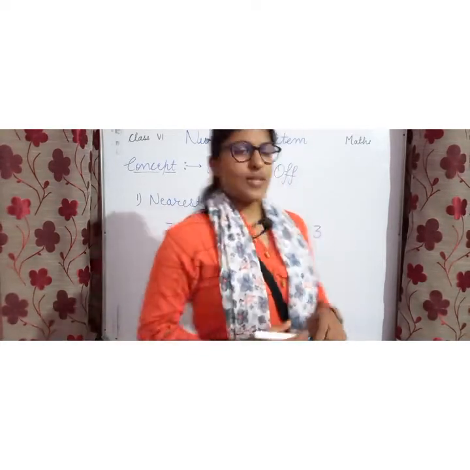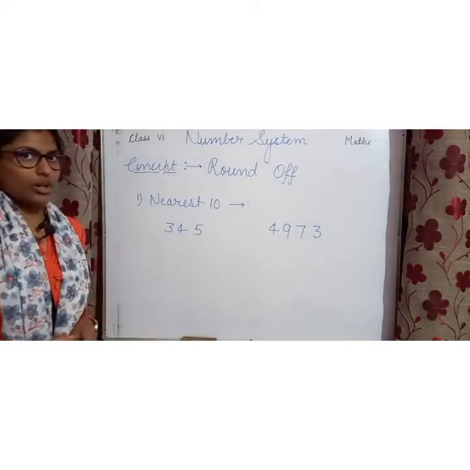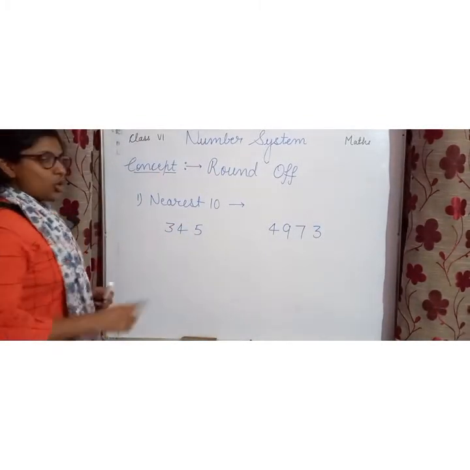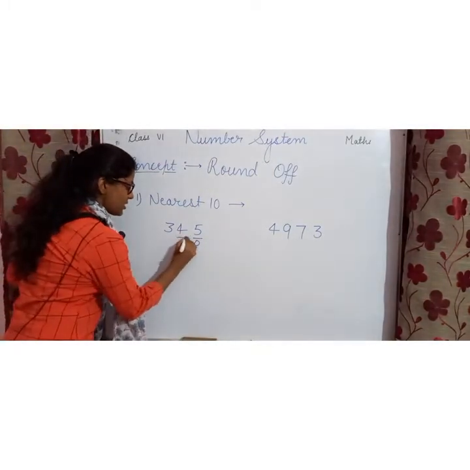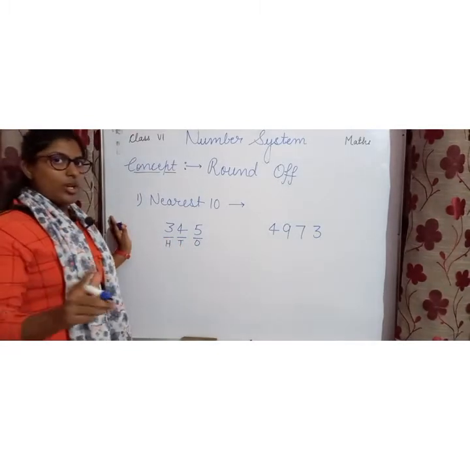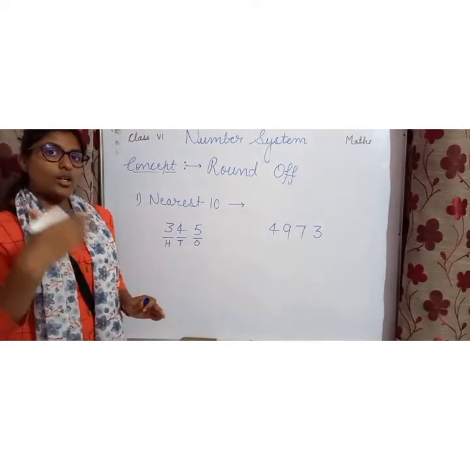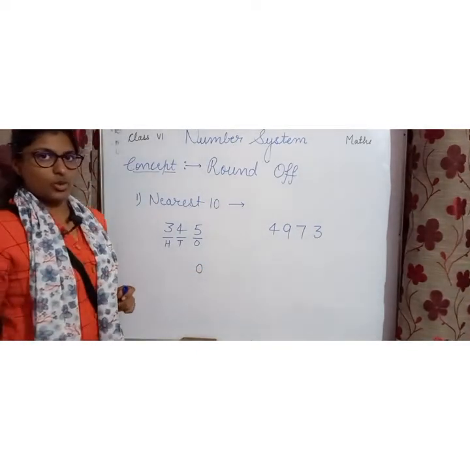Let's see some examples. Just, 345 is given. Now, rule number 1, at the ones place, this is ones, this is tens, and this is 100. Okay? Rule number 1 is saying we are putting 0 at the ones place. So, at the place of 5, we are putting 0 here.